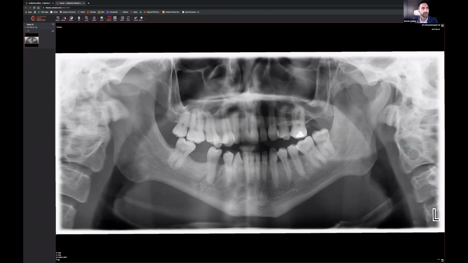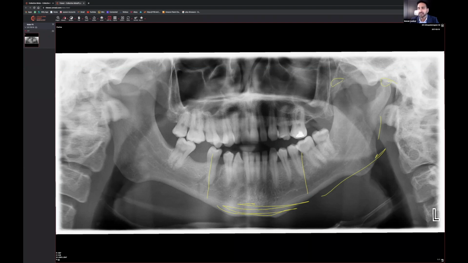But because we're going through some easier stuff to begin with before we start on such advanced things, we're just going to have a look at the mandible. Some of you may have spotted it straight away, but there's some anatomy to be aware of. You've got the body of the mandible, the angle of the mandible, the ramus, the head, and the coronoid process as well.